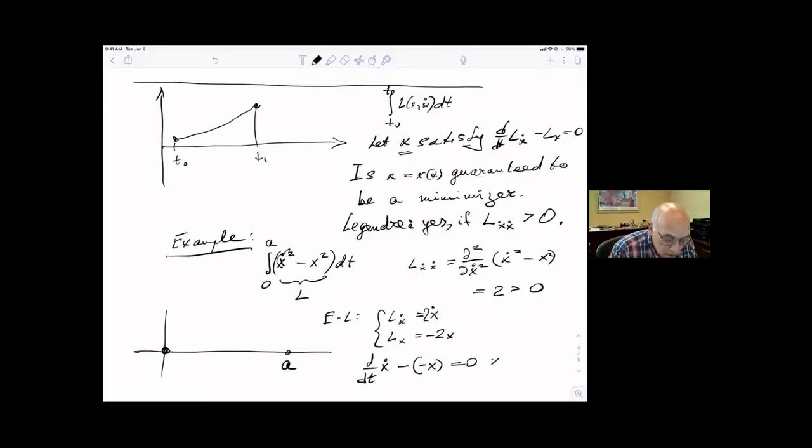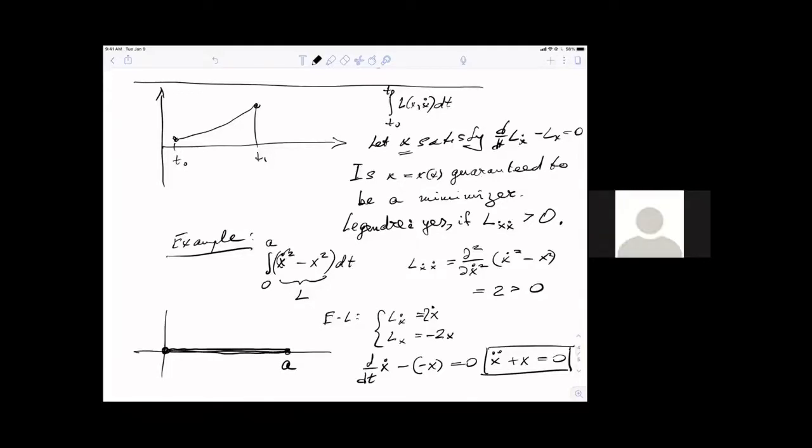So in other words, x double dot plus x equals 0, it's a harmonic oscillator. And of course, a harmonic oscillator has the 0 solution. Clearly the 0 solution satisfies the differential equation, and it satisfies the boundary conditions.